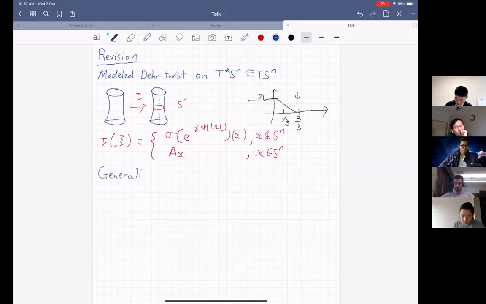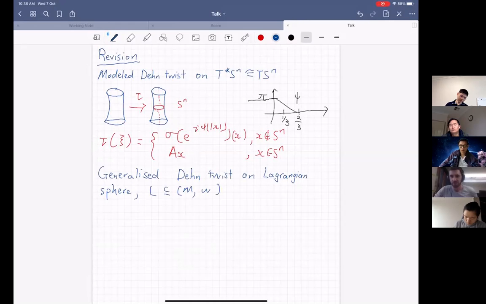general Lagrangian n-sphere. To get this, you need to embed your sphere as an S^n. So we use the language called framed Lagrangian sphere.